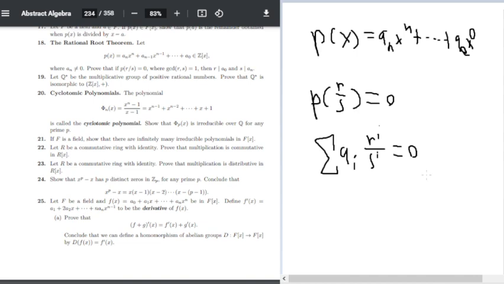So we have coefficients in that. Oh gosh, let me think. My brain is starting to fail. Alright, prove that if p of r over s, the greatest common divisor of r and s, is equal to 1.